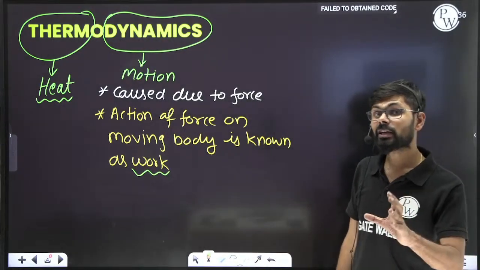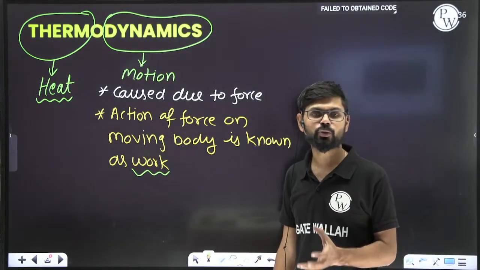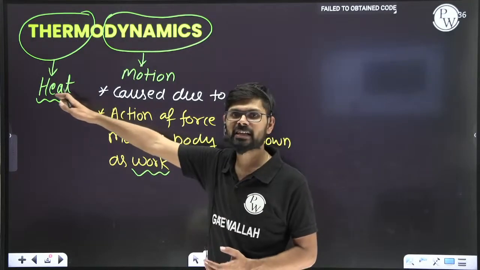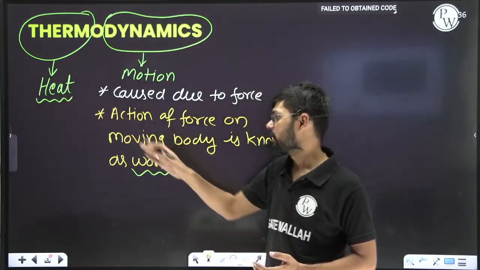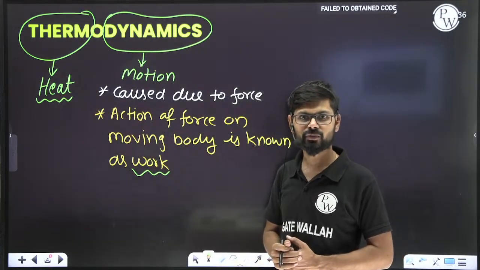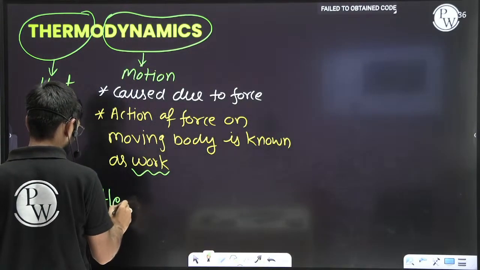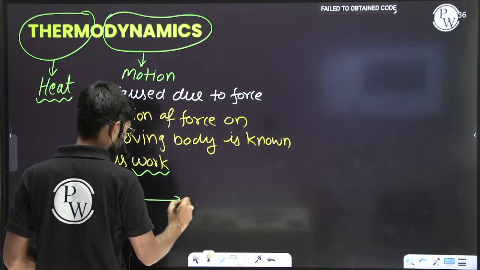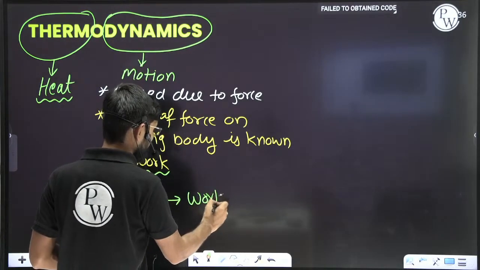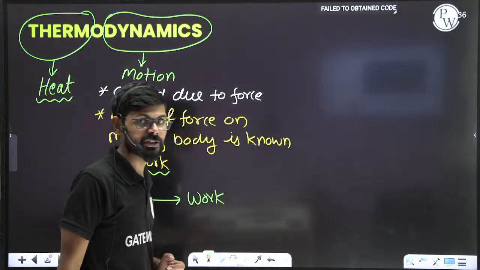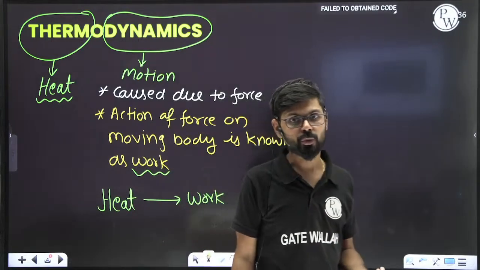Now, the main aim of the subject thermodynamics is to convert non-organized form of energy, meaning heat, into the organized form of energy, that is work. Our basic aim is to convert heat into work. But the scope of thermodynamics is not limited only to the conversion of heat into work.